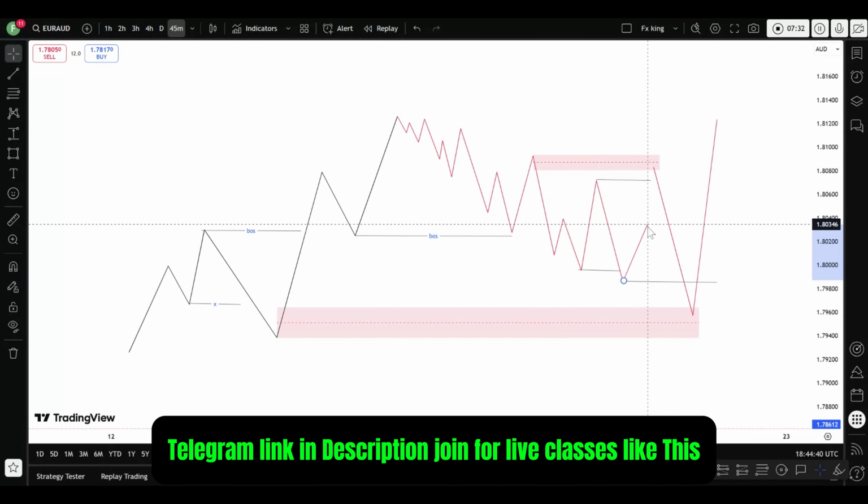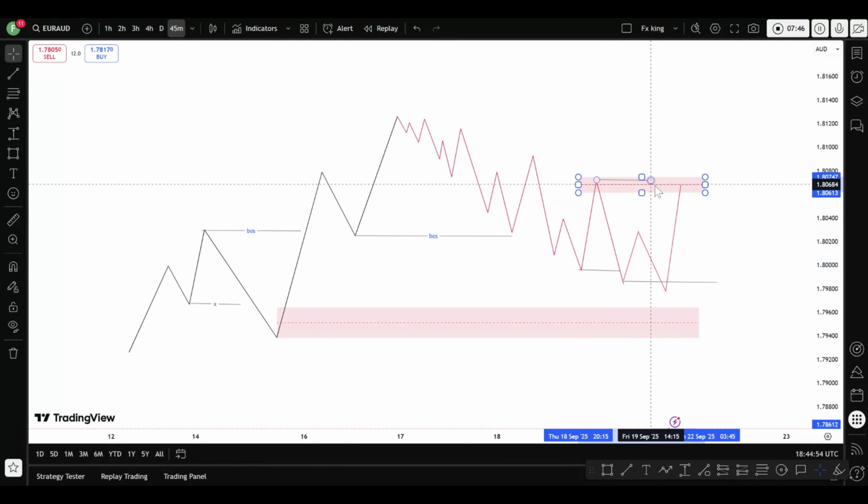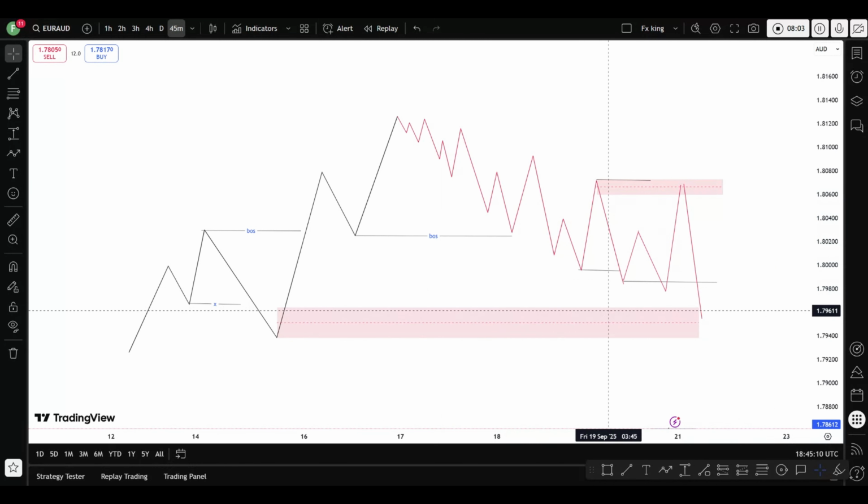Once it comes up, it takes out this inducement, and then our POI can shift to our current range in the market. So at this point, this will be our current range, and we'll be looking to sell the market from here. Once we sell this market, we are not going to target this POI. Sometimes I target a POI, but it's more risky. What I tend to target is the liquidity resting below these lows here.